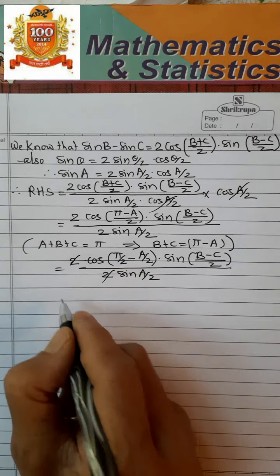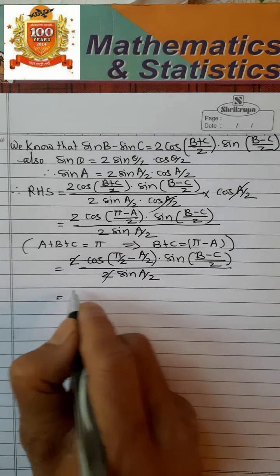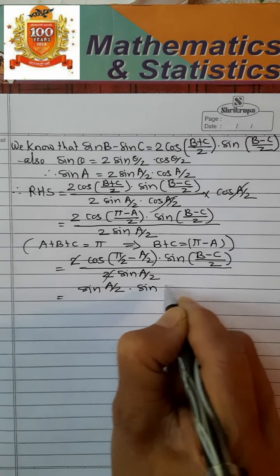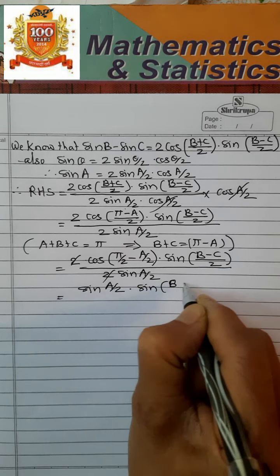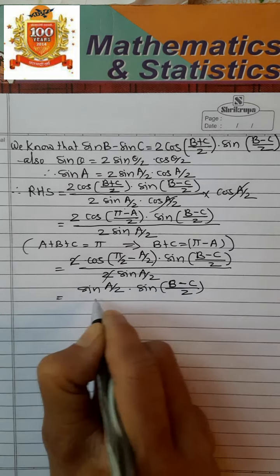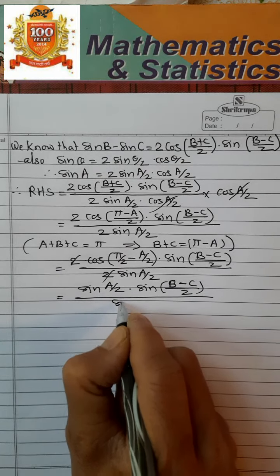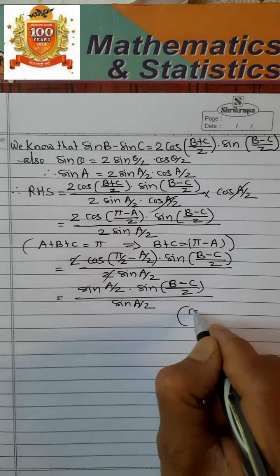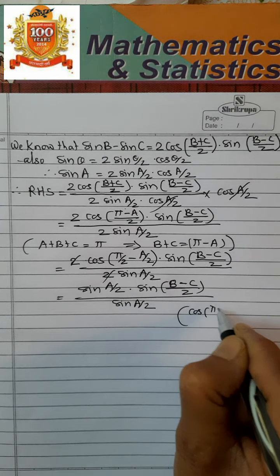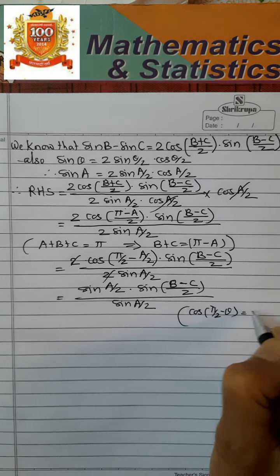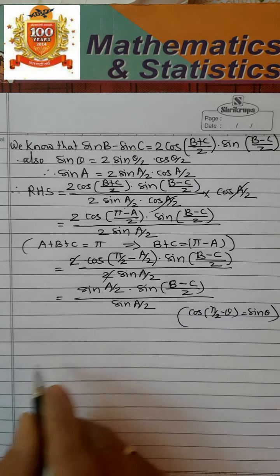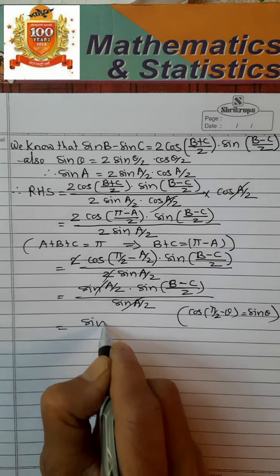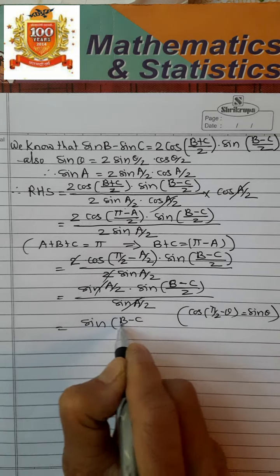This 2 gets cancelled. Cos of pi by 2 minus theta is equal to sin theta, so sin A by 2 into sin of B minus C upon 2 upon sin A by 2. Therefore sin A by 2 gets cancelled. Sin of B minus C upon 2.